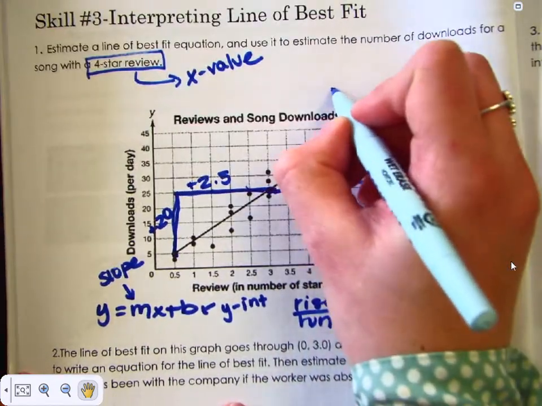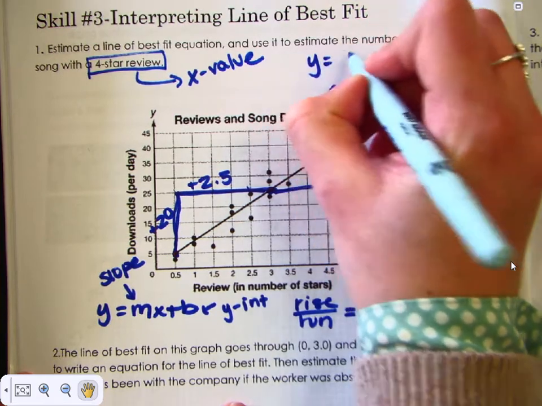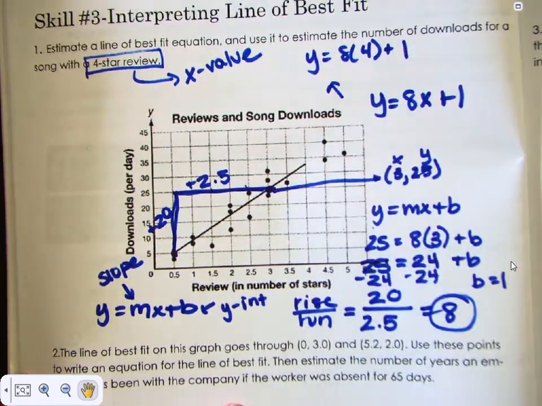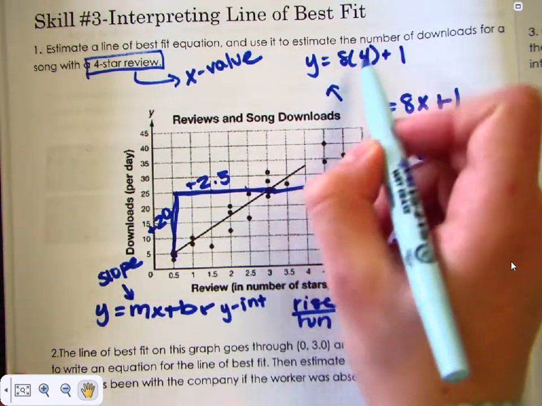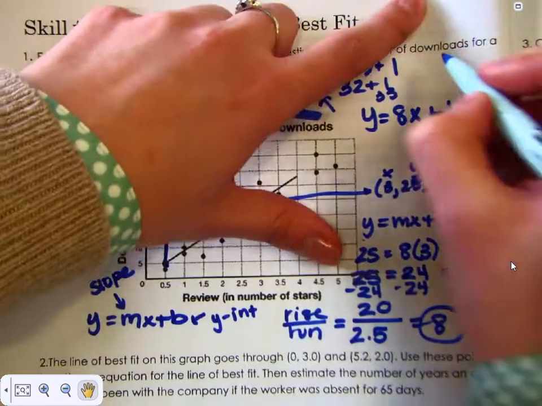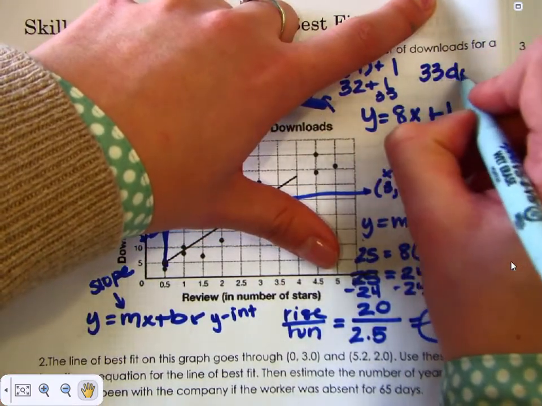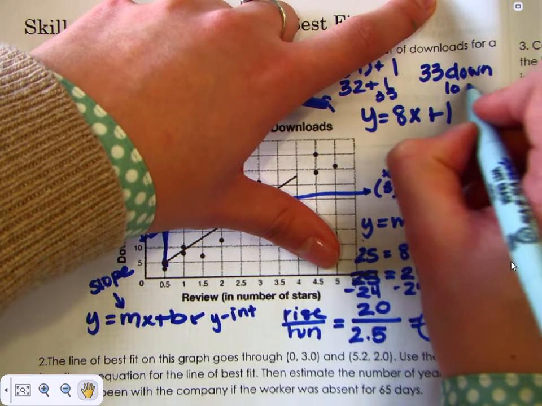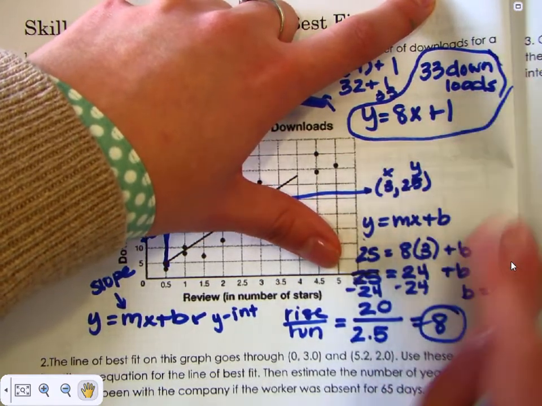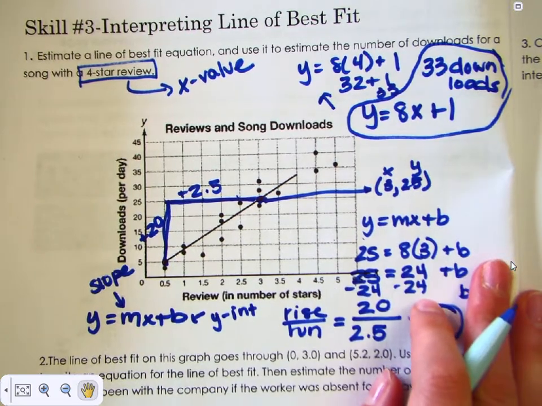So y equals 8 times 4 plus 1. Okay, and so 8 times 4 is 32, plus 1 is 33. So 33 downloads. So that is how I can use the line of best fit to predict other things.